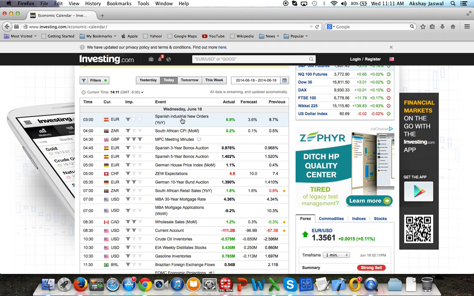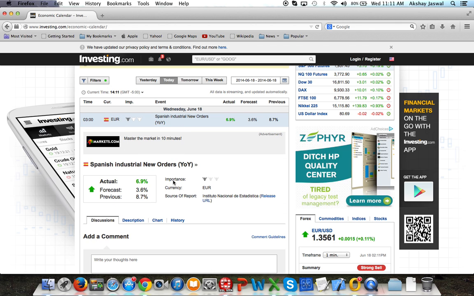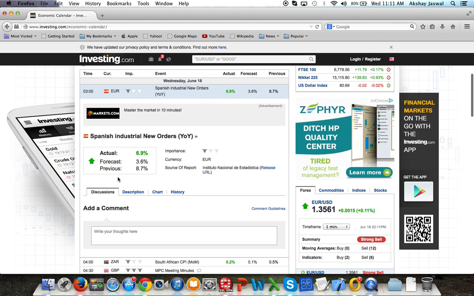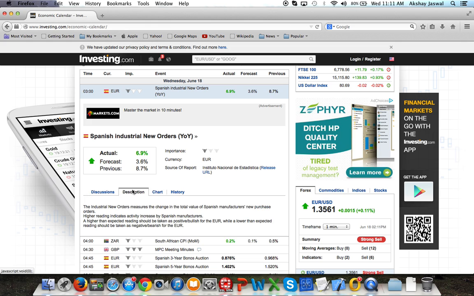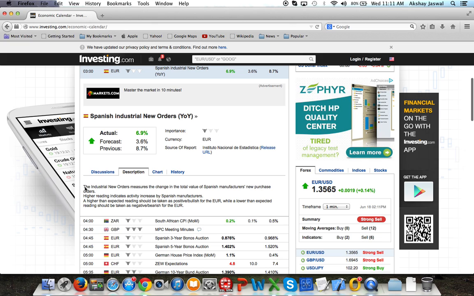If you click on this event, it will give you the actual, forecast and previous values, and also the description. Do read this description whenever you are looking into any event. The event is industrial new orders, which measures the change in the total value of Spanish manufacturers' new purchase orders. A higher reading indicates activity increased by Spanish manufacturers.